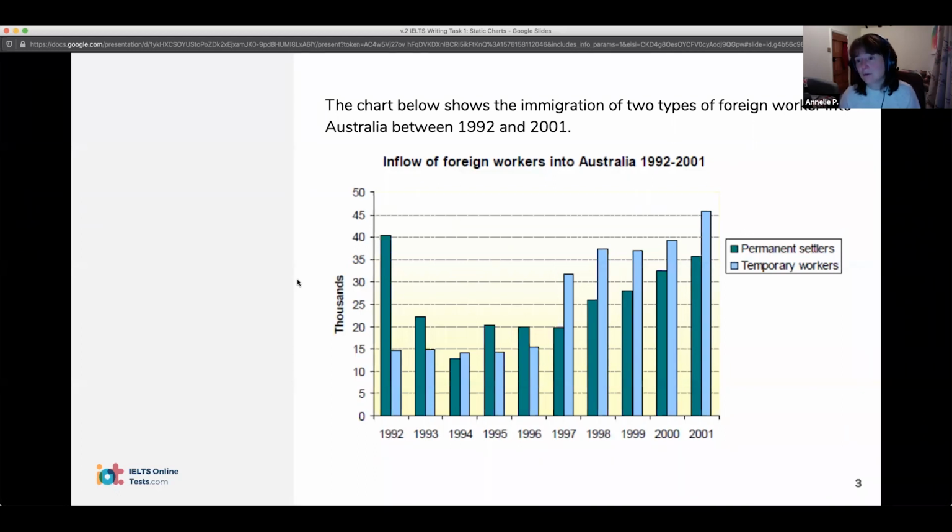It's really important to support your language with the exact figures. They are looking for that as well. You may have an introductory sentence, but I doubt it.